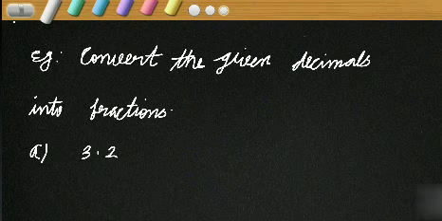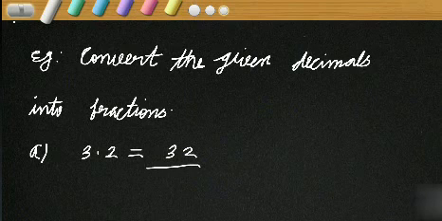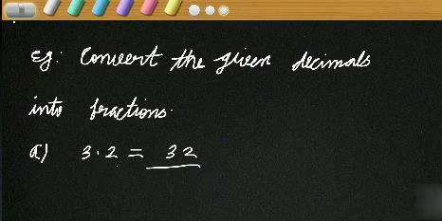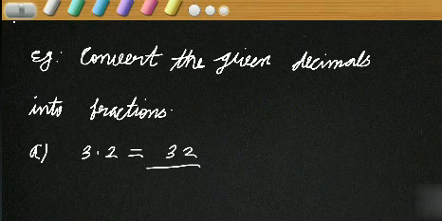3.2. How to convert this into a fraction? First step, remove the decimal point. So the number becomes 32. And divide it by what? How many decimal places are there in the given number? There is only one decimal place. So we have to divide it by 10.